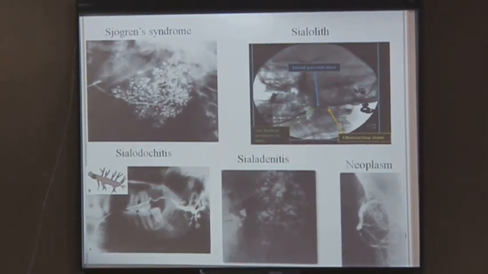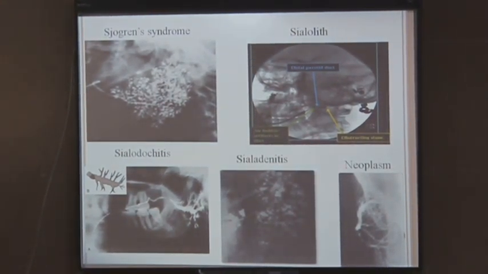So Sjogren syndrome, what is the appearance in sialography? Snowstorm appearance. Sialolith will appear like a radiopaque mass with distal obstruction.